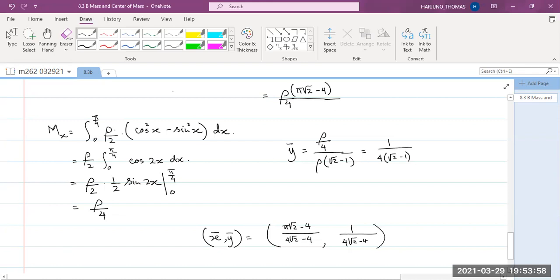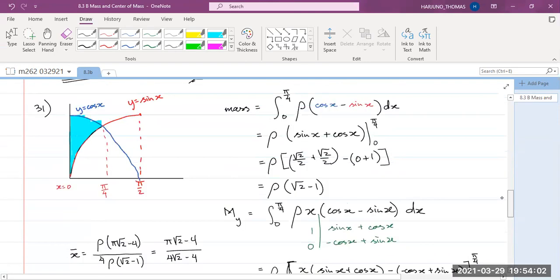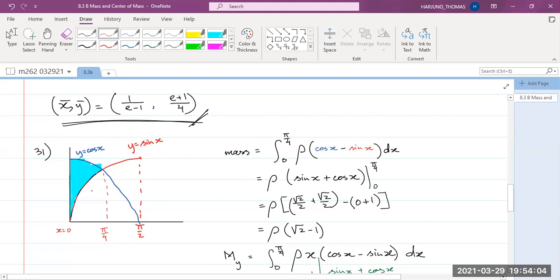If I use my calculator just to approximate it, what I don't want to happen is that x bar, y bar happens to be somewhere here, which is impossible. The center of mass is supposed to be in between, in the blue region, unless you have another type of shape, right? But we can estimate the center of mass is supposed to be somewhere around here, right? Okay, but let's compute it then using our calculator.